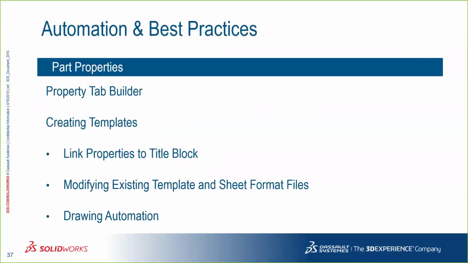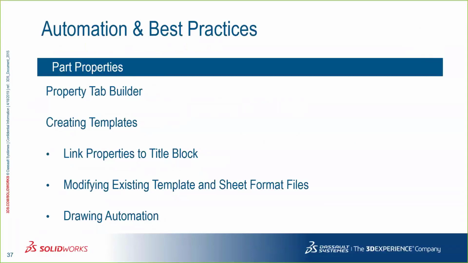That way I can only fill it out once, right? Those properties might be in the EPDM data card. I can fill out those properties there and have it read into the same property card of my Property Tab Builder, which then applies it to my part properties. So that way, if you fill it in once, it populates everywhere. So that's the benefit of using EPDM as well and the Property Tab Builder.